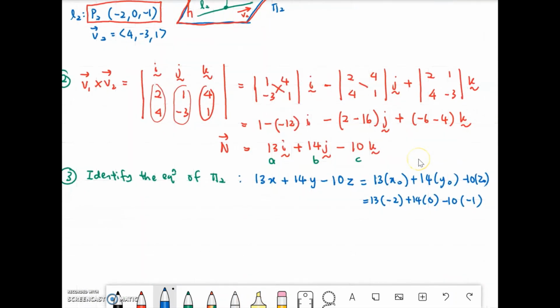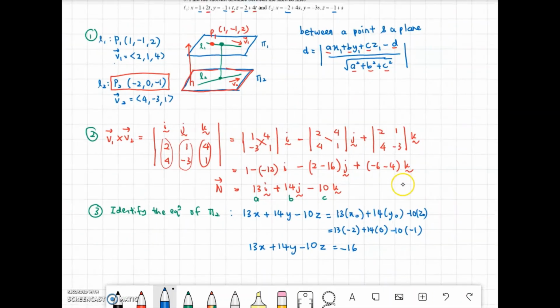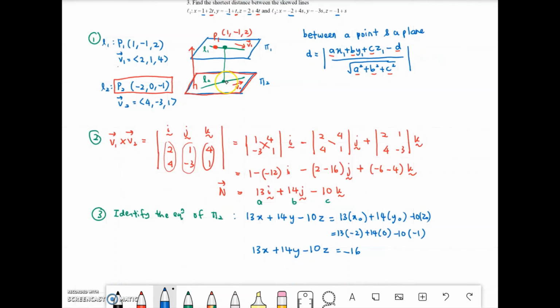So now we have 13x plus 14y minus 10z equals -16.